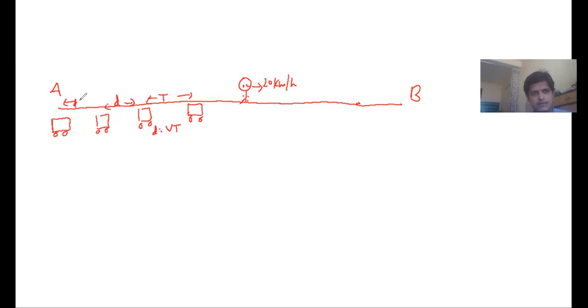Suppose in the opposite direction also buses are coming, then the distance will be the same between two successive buses.